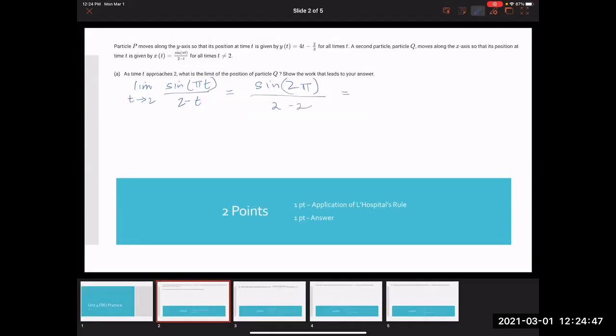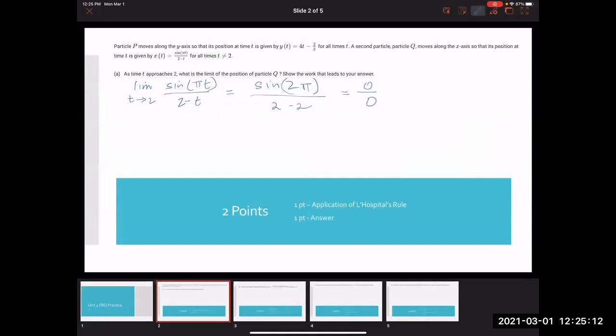Well, sine of 2 pi is the same as 360 degrees. So it's the same as 0 degrees, either way puts you in the same place. Remember, sine is your y coordinate. So the y coordinate at 360 degrees is 0. And when I do 2 minus 2, I get 0 as well. Well, that's one of those indeterminate forms that we talked about.